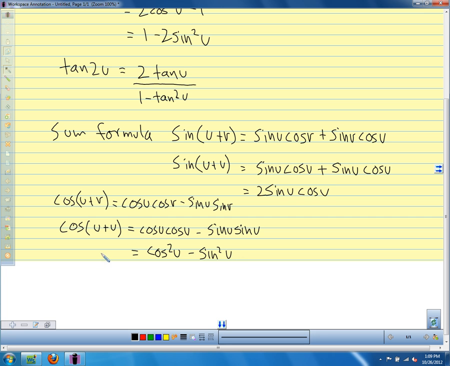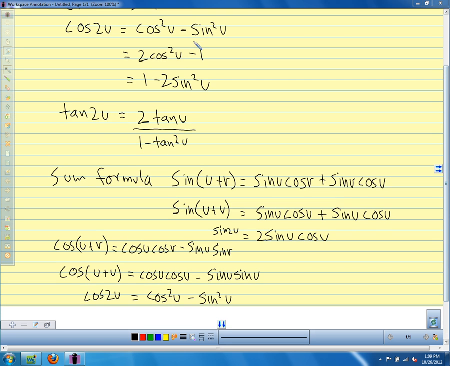And this is cosine of 2u. U plus u is just 2u. And this would be sine of 2u. U plus u is just 2u. So this is where this first formula for the cosine comes from. We just plug in u twice into our sum formula.